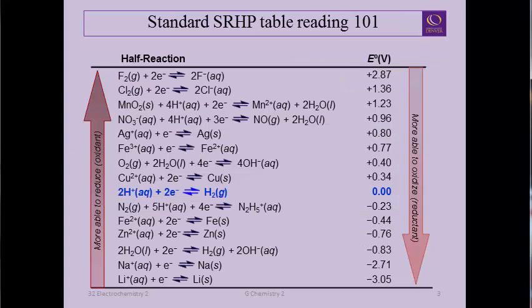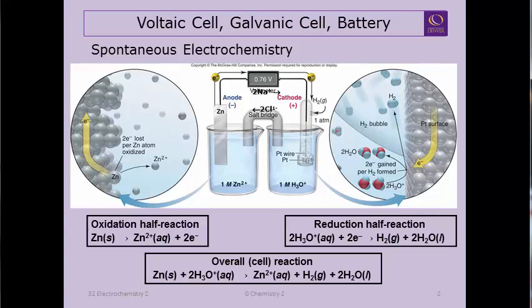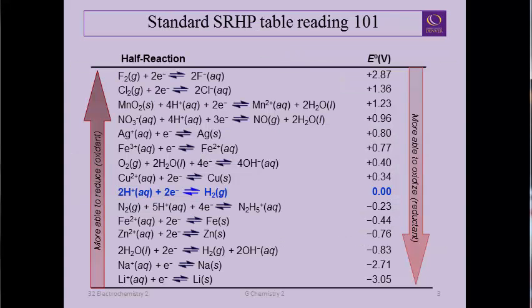So let's now connect this battery, which has a zinc oxidation with a hydrogen reduction going on, with the standard reduction half potential table. Remember that these tables are laid out traditionally with every reaction written as a reduction and their corresponding voltage. These represent half cells or half reactions.